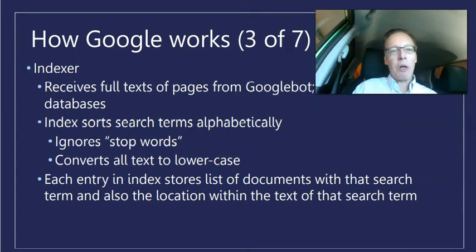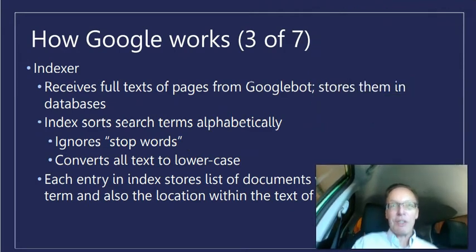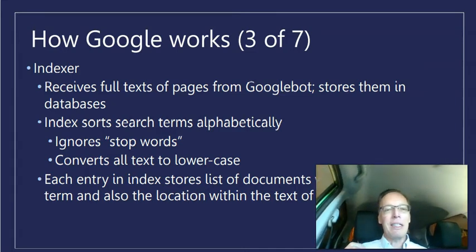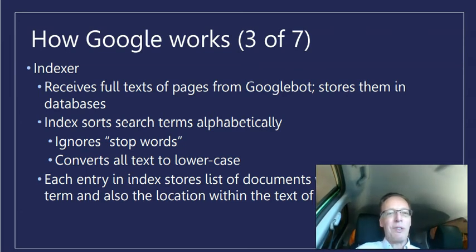So the next part is the indexer. Just to be clear, what we looked at on the previous page was Googlebot, which is how Google finds content on the internet. Now we're talking about the indexer, which is the next of the 3 things that we talked about at the beginning of this video.